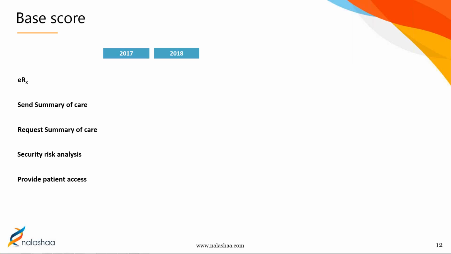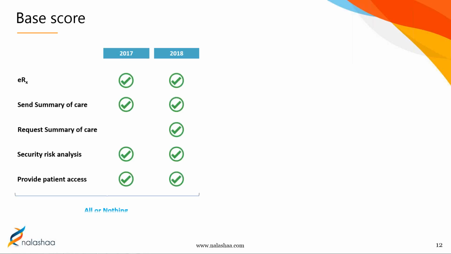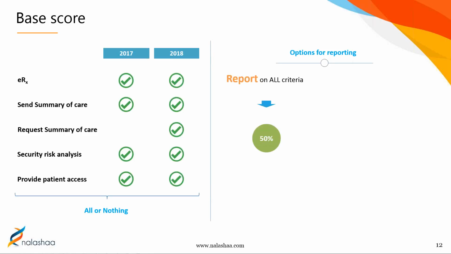Okay, so we have these 5 measures under base score. For the 2017 reporting year, we do not have request summary of care, which is new for the 2018 reporting period. For the base score, it is all or nothing scoring. So if you report for all the measures, you get 50% of the complete base score.